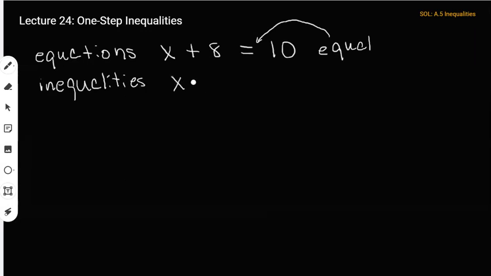So the first symbol we're going to look at is the less than symbol. Here, this symbol is a less than symbol, and we say that x is less than 8. So that means x has to be a number that's smaller than 8 or less than 8.